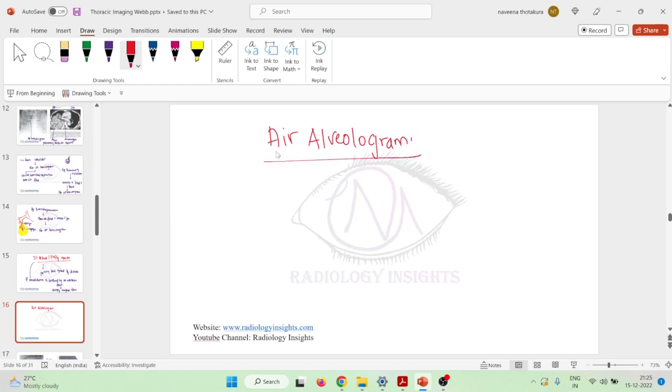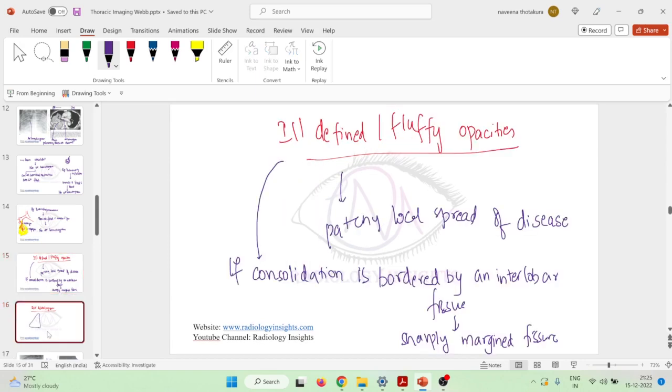What are these air alveolograms? If the consolidation of the lung is not homogeneous, that means it is heterogeneous, that means fluffy opacities are present.